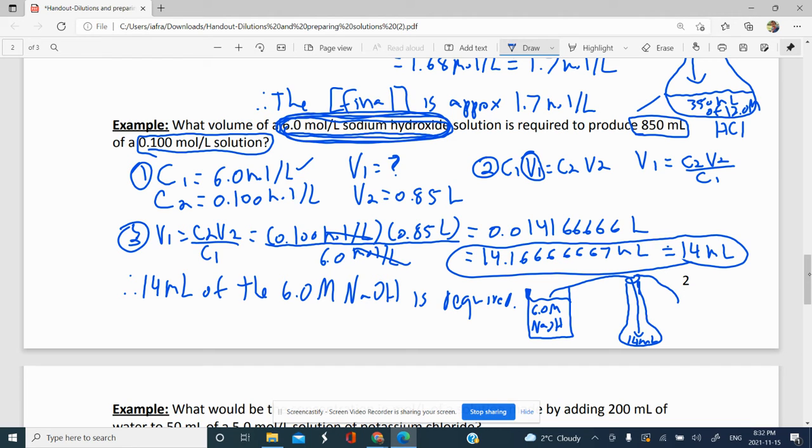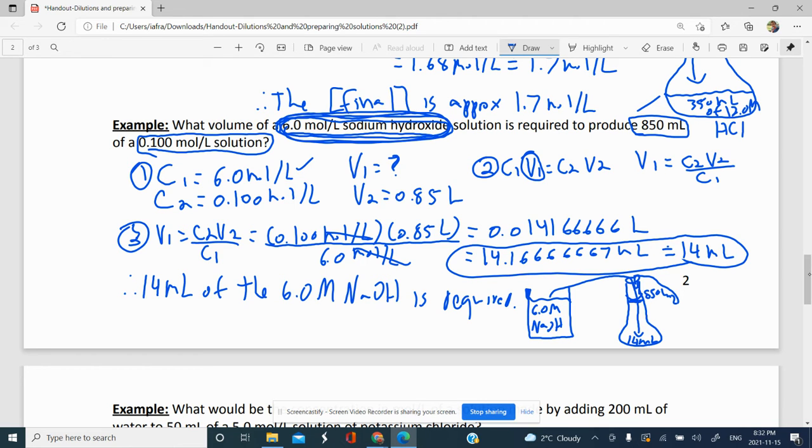And then you added water so that you could reach about 850 mL. So your water level reaches 850 mL. So you roughly put in 14 mL of your stock solution and about 836 mL of water, roughly. So it is much more dilute than it was before.